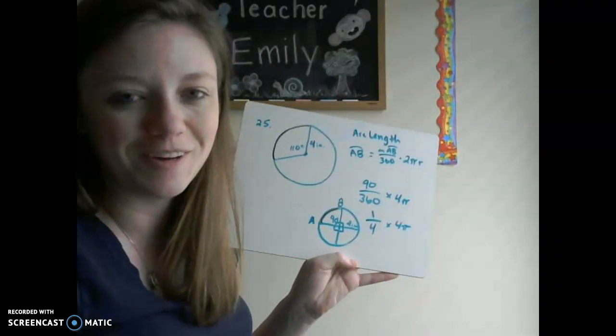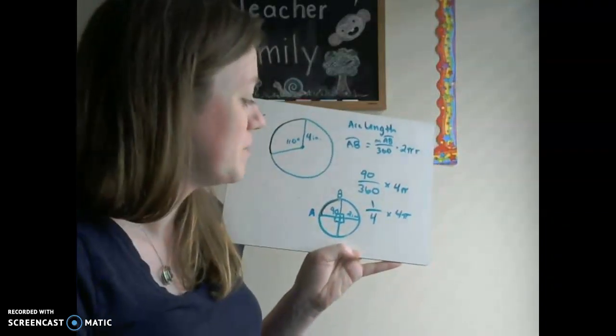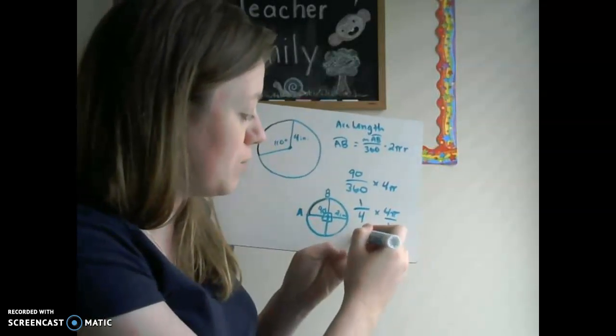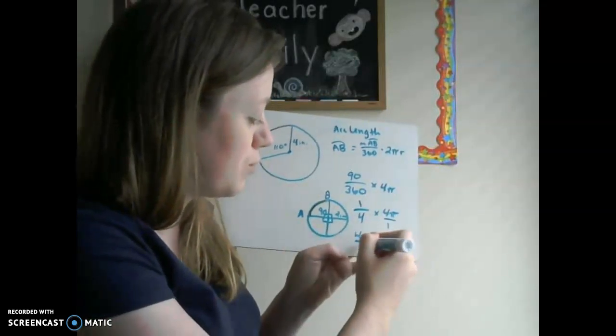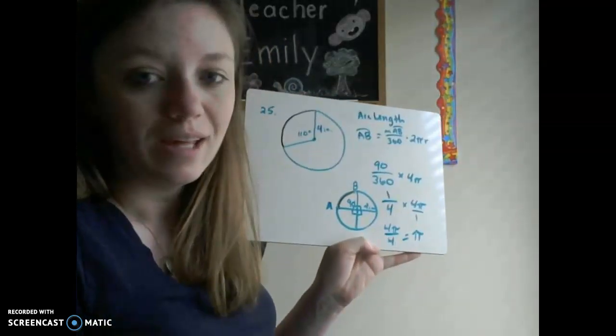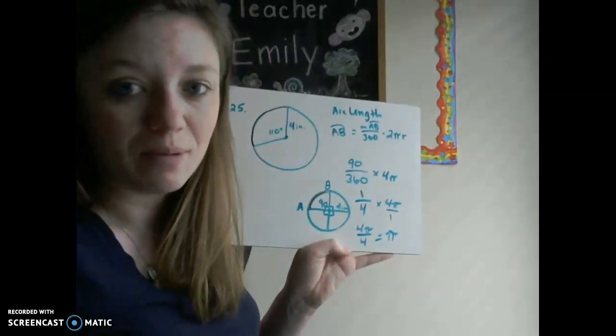Oh, this is going to be funny. It's going to actually result in just pi, I think. So if we take 1/4 times 4 pi, we get 4 pi over 4, which actually just equals pi. So that's how the formula works. Neither of those were any of the problems they actually had to do. That was just an explanation of why the formula works.